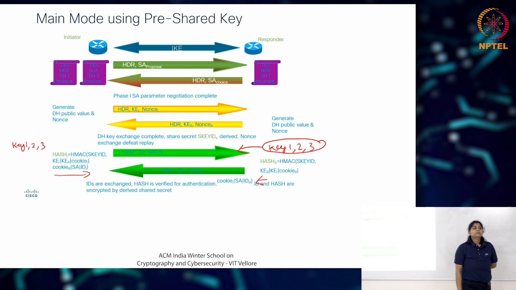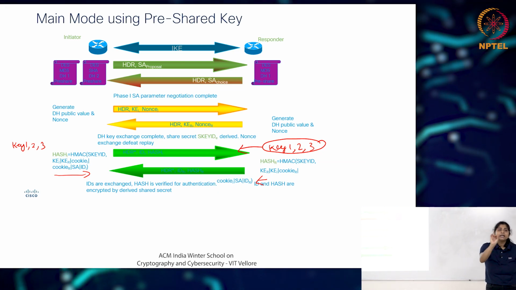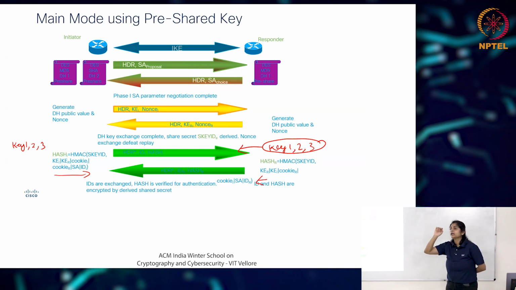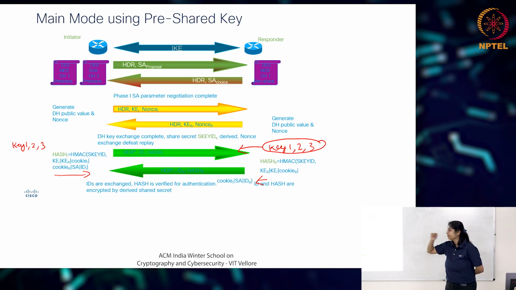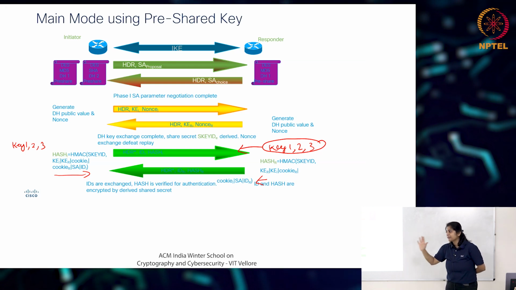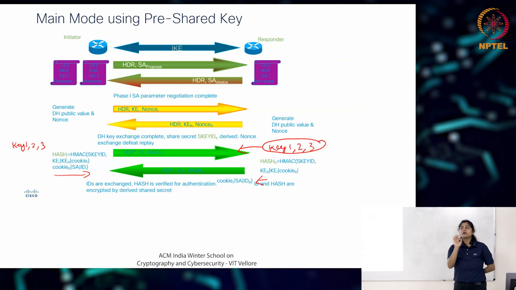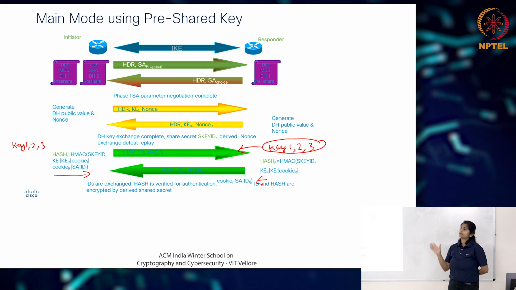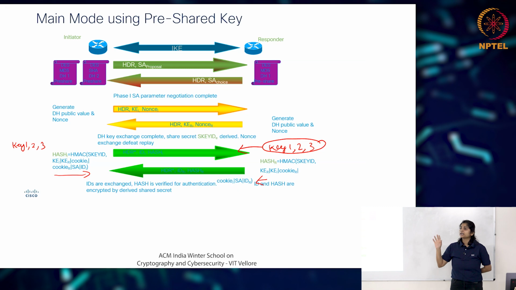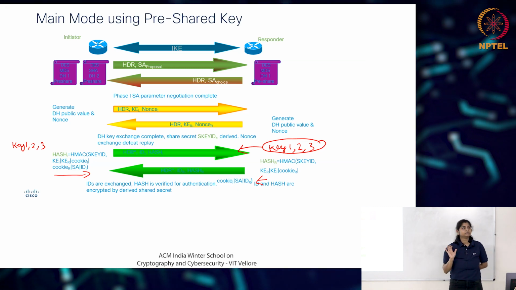ID1 means the identity of that device. An identity can be an IP address or a host name. If it's a certificate, it's the subject name. If it is a pre-shared key, it's not the pre-shared key. Remember that. It's the identity of the endpoint, not the identity method. In certificates also it can be a host name, an FQDN or any identity from that box. Clear?